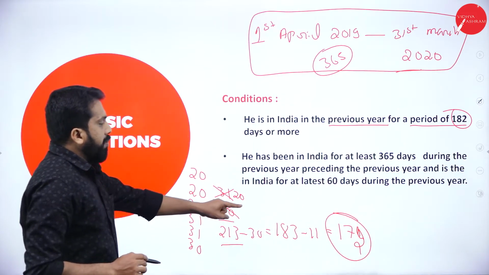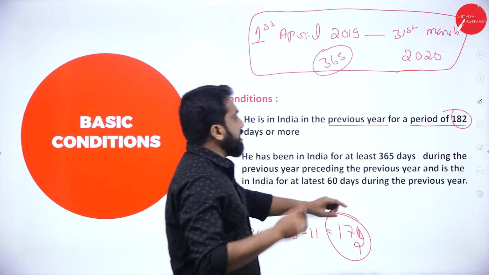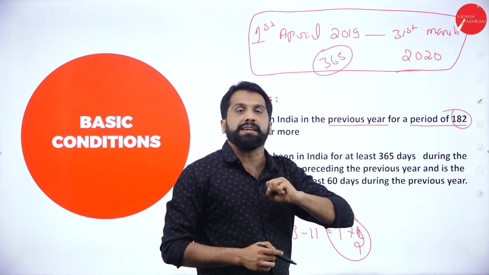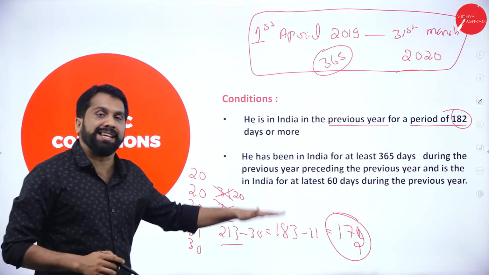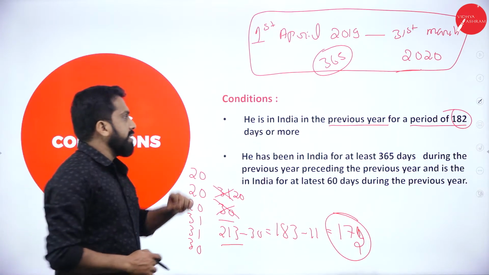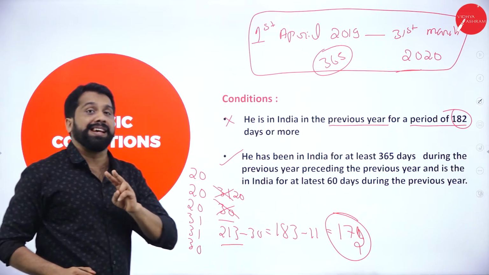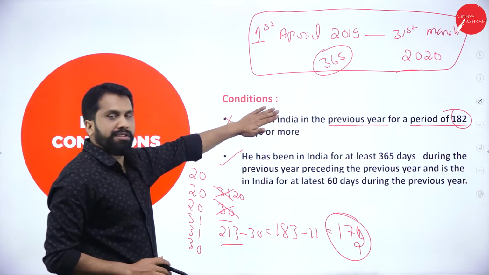Now, how many days was he in India? 172 days. How many days must he be in India? 182. Was he there for 182 days? Answer is no. If he was there less than 182 days, we will not go with the first condition, we will go to the second condition because he has not fulfilled the first one.